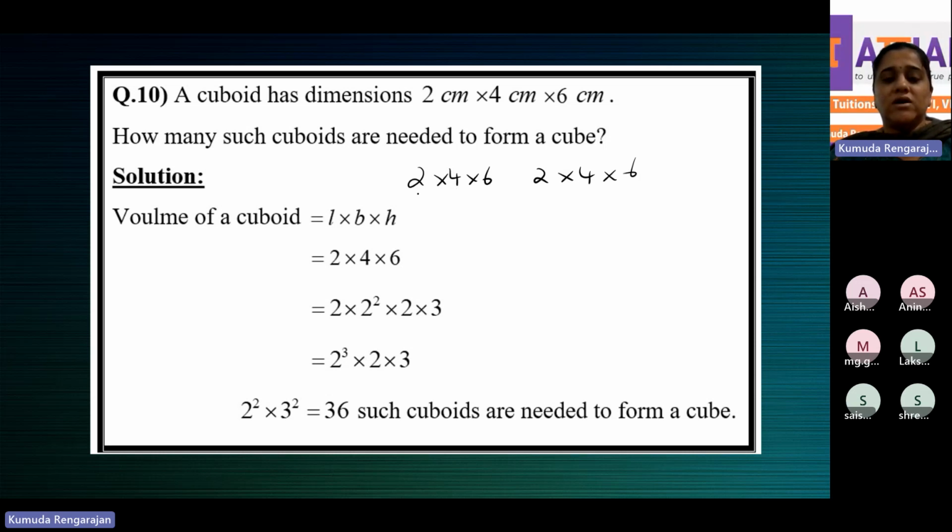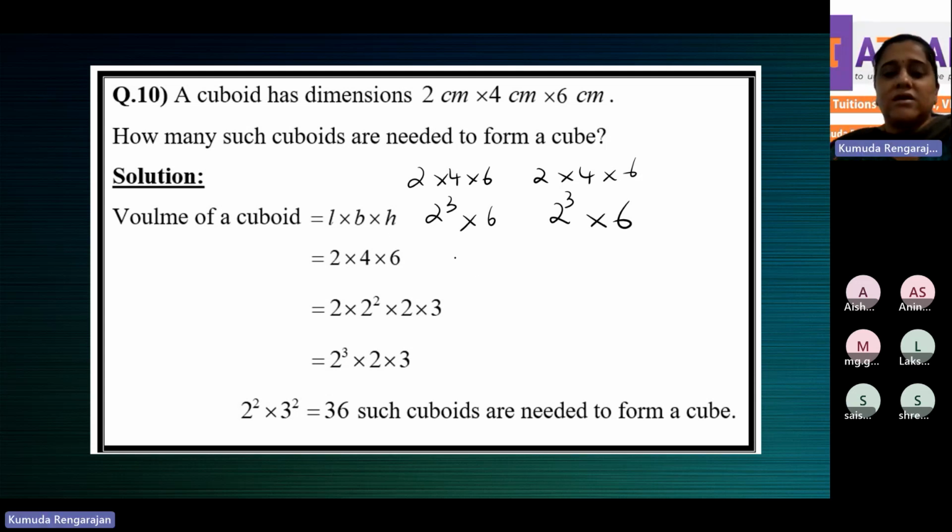Just a second. This 2 into 4 is 8, which is 2 cubed, into 6. Then this one is 2 cubed into 6.